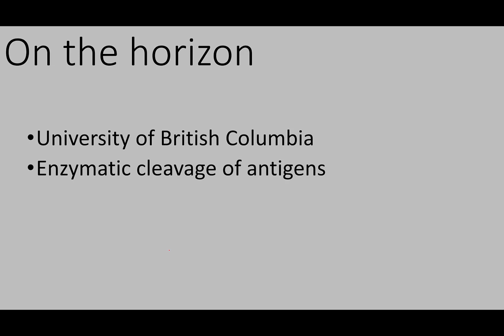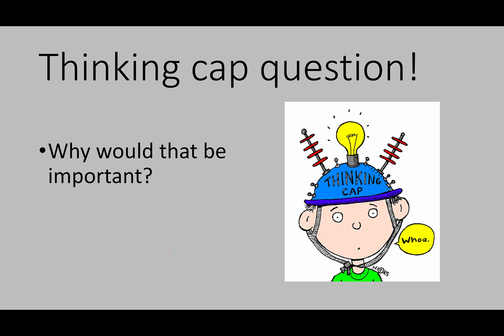Why is that important? Let's use that as a thinking cap question. What if an enzyme took all of the antigens off of all of the erythrocytes? Why is that a good thing?